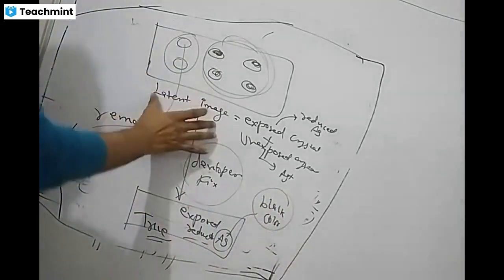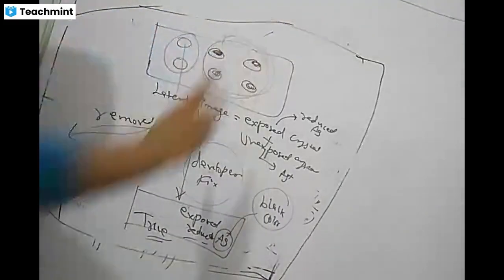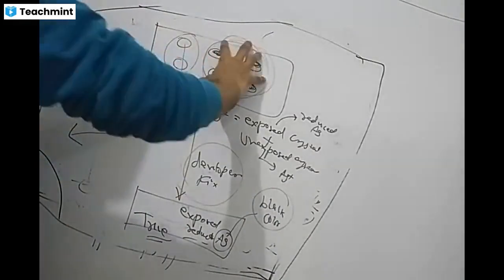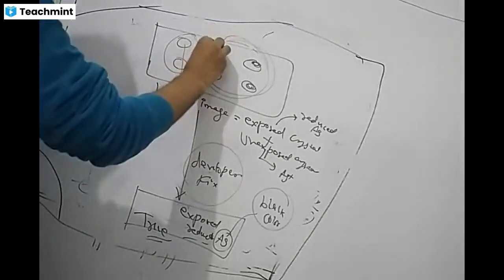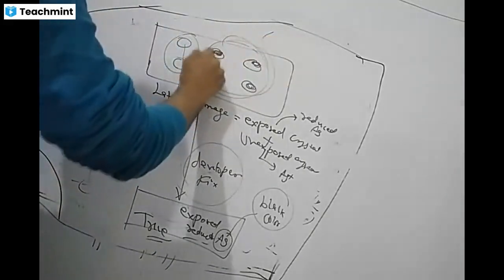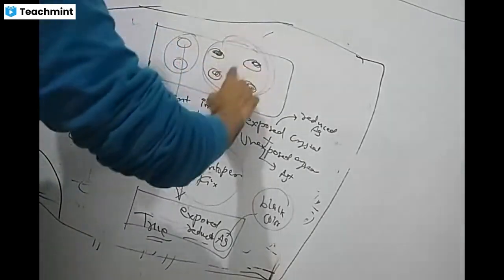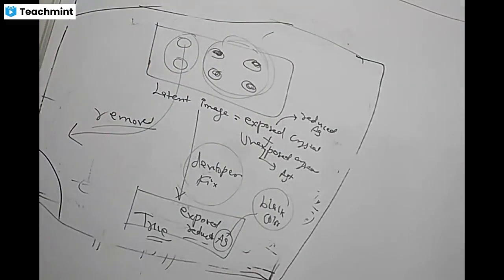So a latent image which is present in the emulsion has exposed crystals along with a few unexposed crystals. In one exposed crystal, there is one sensitivity center in which at least 3, or the range is 4 to 10, silver atoms are reduced. But this is microscopic, very small, not visible with the microscope, so it is invisible and also called latent image.